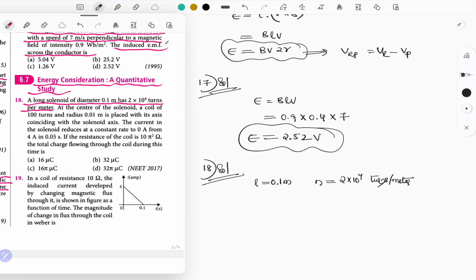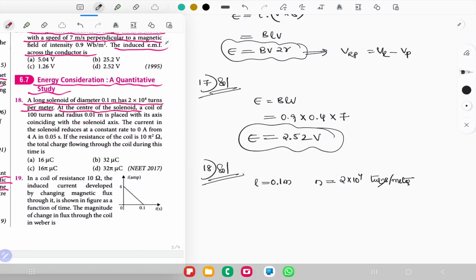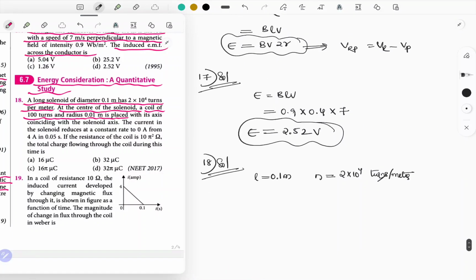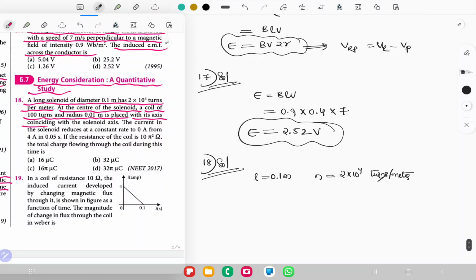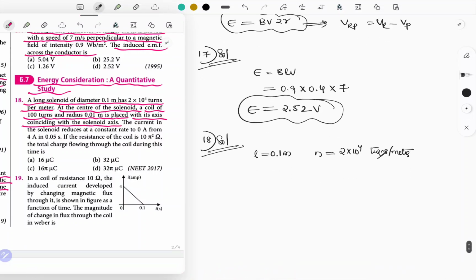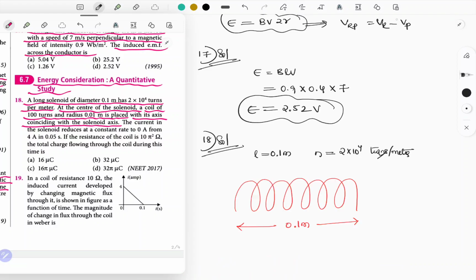Okay, next. At the center of the solenoid, a coil of 100 turns and radius 0.01 meters is placed with its axis coinciding with the solenoid. Okay, super. Let me show you the diagram. Observe this solenoid of length 0.1 meter.